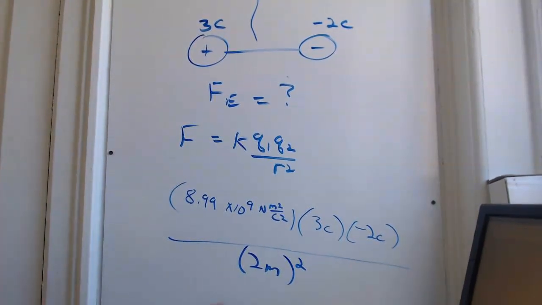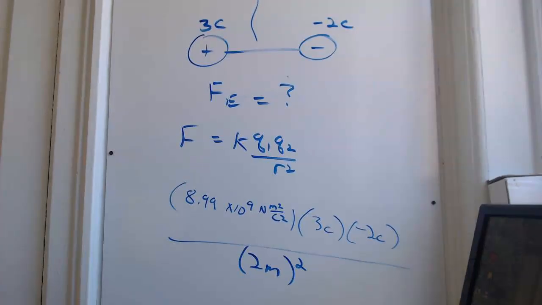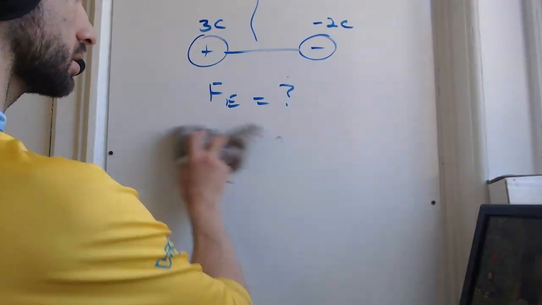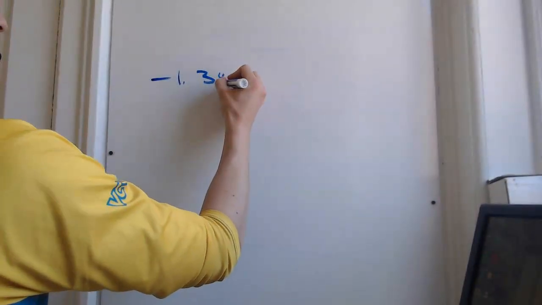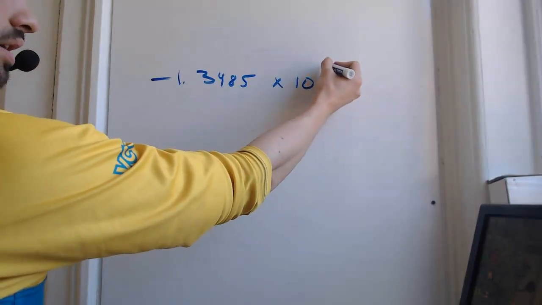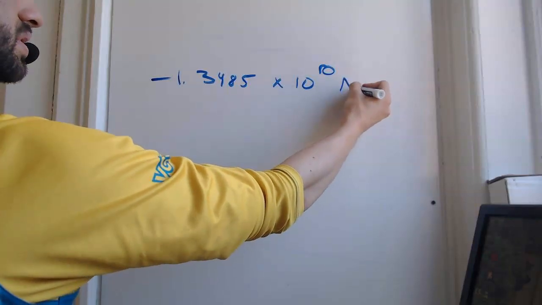Very, very important that we put our parentheses and everything, or our calculator might not give us the right answer. And if I plug this into my calculator, I get negative 1.3485 times 10 to the 10 newtons.